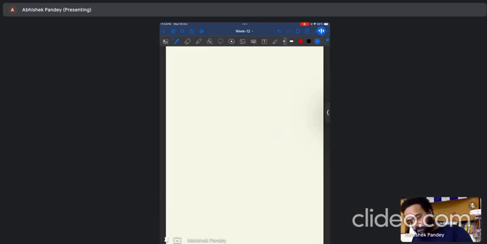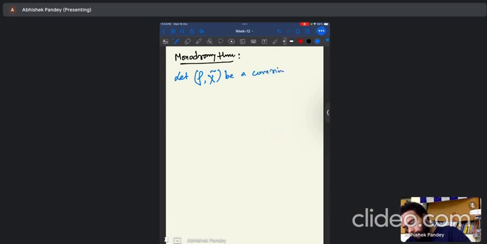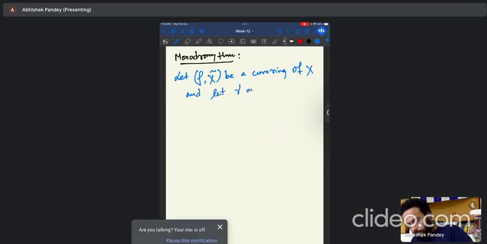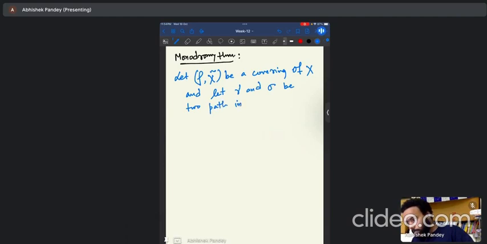So the monodromy theorem. Let rho comma x tilde be a covering of x, and let gamma and sigma be two paths in x with the same initial and final point, or let us say terminal point.